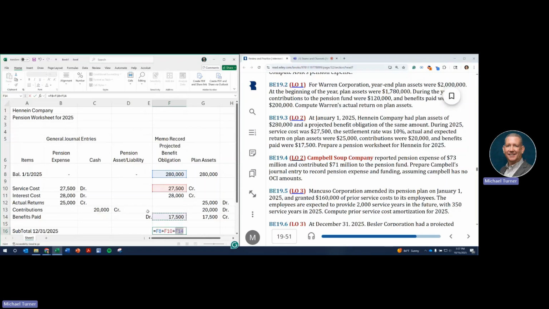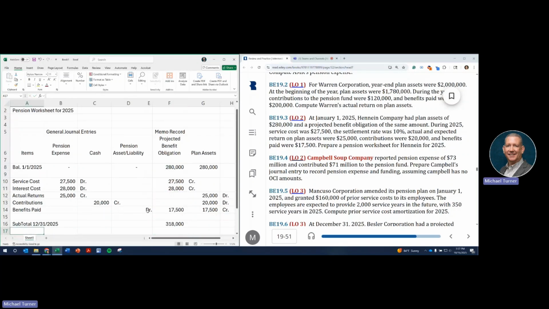I add another credit of $28,000 for the interest, minus the amount of benefits paid, leaves me with $318,000. And then for the plan assets, started at a debit of $280,000 plus a debit of $25,000 plus an increase of $20,000 for contributions minus what was paid out, leaves me with $307,500.